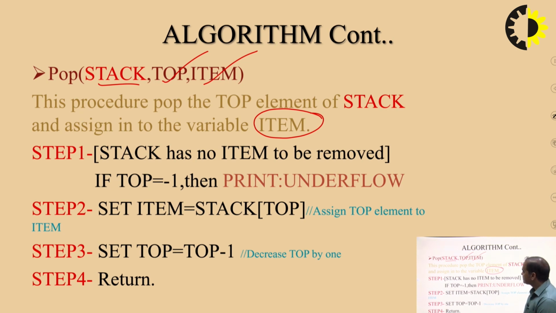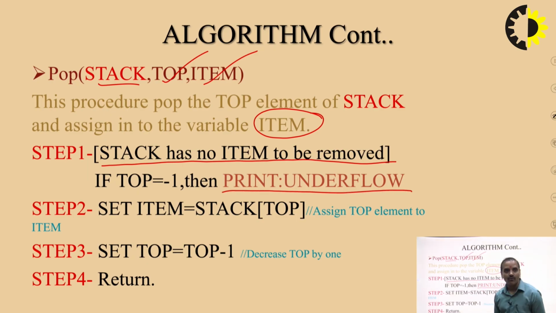For this, we check whether the stack has no item to be removed. If the stack is already empty, in that condition we can't do anything and we have to print underflow. In case of pop, the case is underflow, and in case of push, the case is overflow.